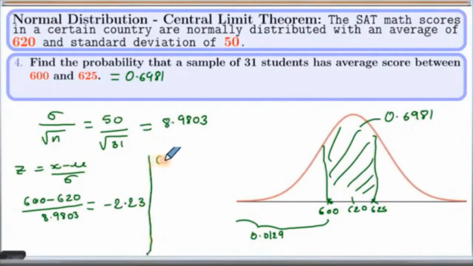Now let's find the z-score for 625. So x is 625, our mean is 620, and the standard deviation is 8.9803. So when we do this math, we get 0.56. Now to find the area to the left of 625, we need to look up in the table for the z-score of 0.56.